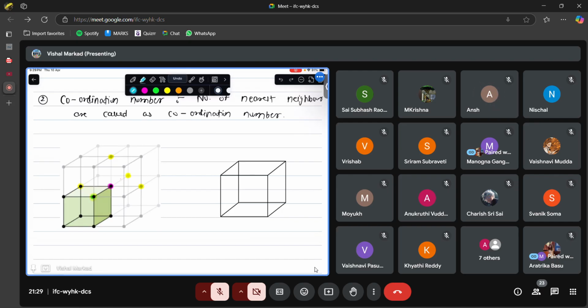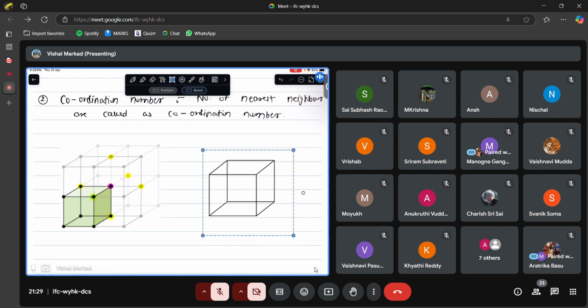Then it is attached on the down side also. Here is also attached, here is also attached, here is also attached. Any other place where it can be directly attached?